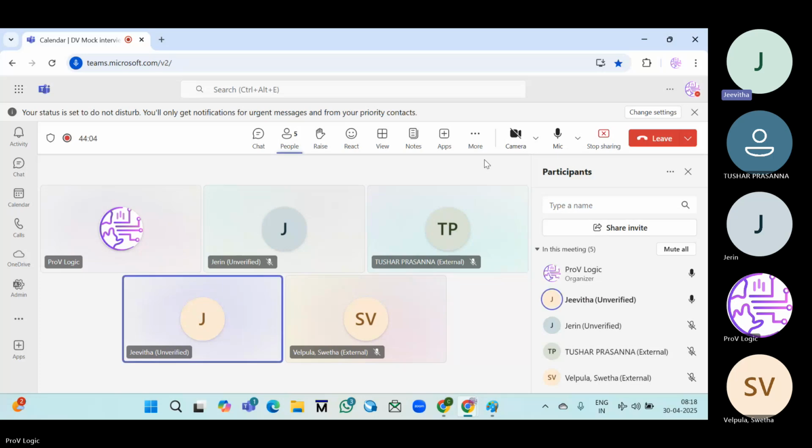Either wire. Wire? Yeah, wire or reg. Only wire? Wire or reg.